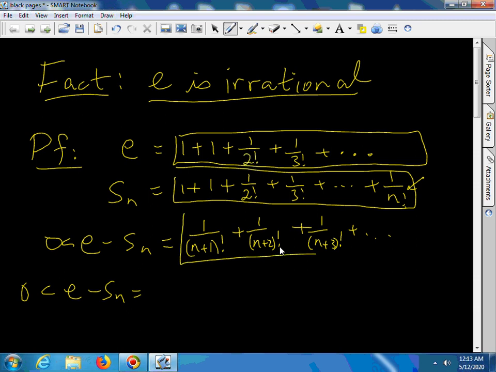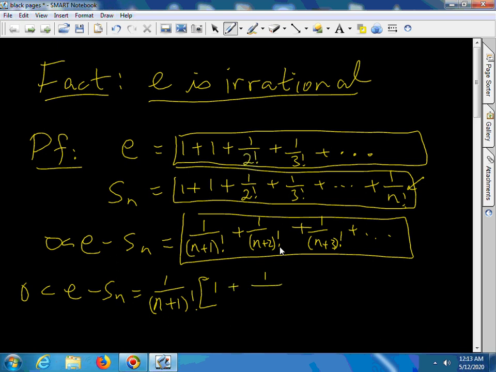Now from here I want to factor out 1 over n plus 1 factorial. What's going to be left is 1 plus 1 over... Now here I end at n plus 1, but here is n plus 2. So I have to have the n plus 2 plus the next term with the 1 over n plus 1 factored out.